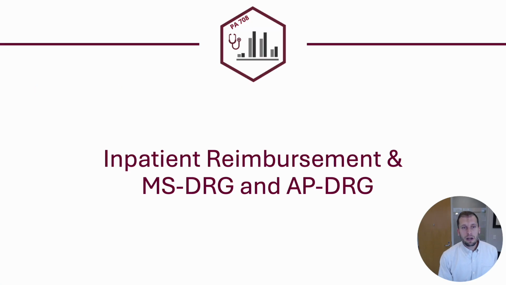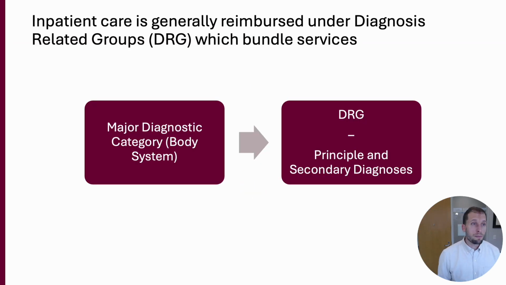Okay, a little bit different on the inpatient side. So we have the MSDRGs and the APDRGs. Okay, so we'll talk about those. So basically two separate systems. MSDRGs for Medicare patients came first, and then the all patients DRGs came later for third-party payers.